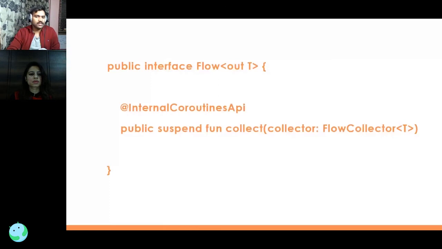And just to see what we have as a FlowCollector, it's another interface, and that function has emit. So if I go to my previous slide, it's basically an interface Flow, which has a suspend function called collect, which also takes another interface called FlowCollector, right? And FlowCollector has a suspend function again called emit.